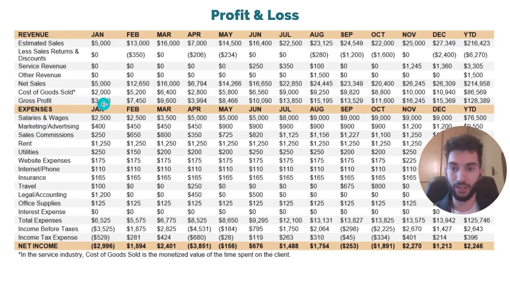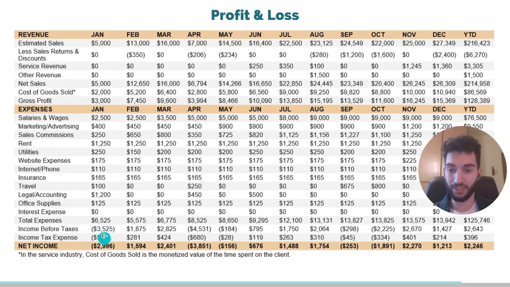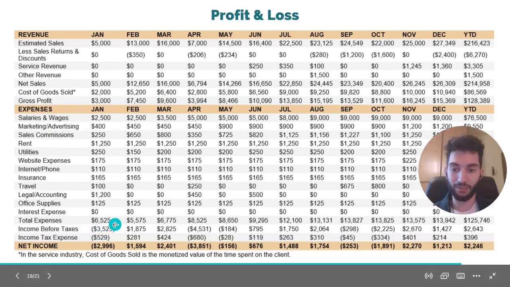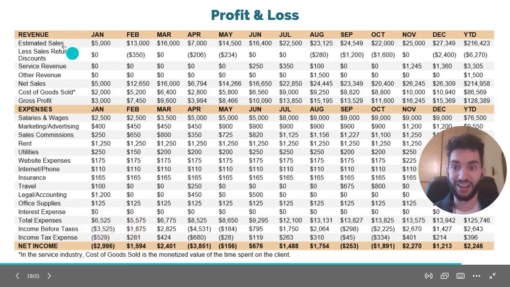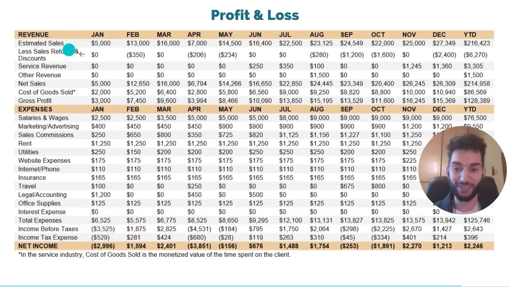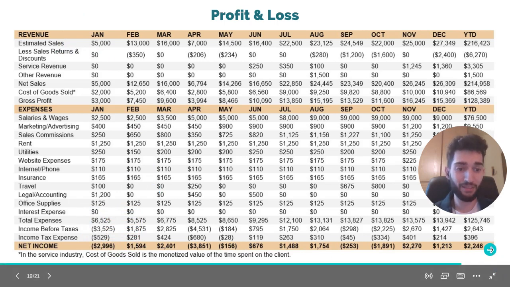So if you do 3,000, my bad, minus 6,500 equals minus 3.5K, okay? And the formula is applied through the whole sheet, right? We have to remember that we have to pay taxes. In this case, they are negative because we are under, then they become positive. And this way, we determine the net income, right? That is actually very far from our revenues. You see how many steps there are in between.